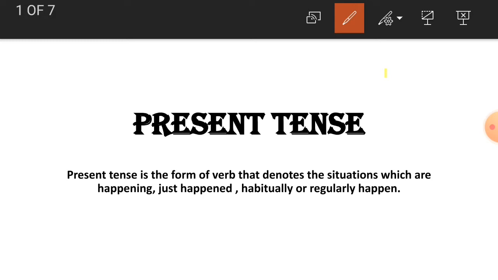Students, I want to tell you through this definition, present tense shows the present actions. I mean to say, which actions are going on, which actions have just happened, or which actions habitually or regularly happen.